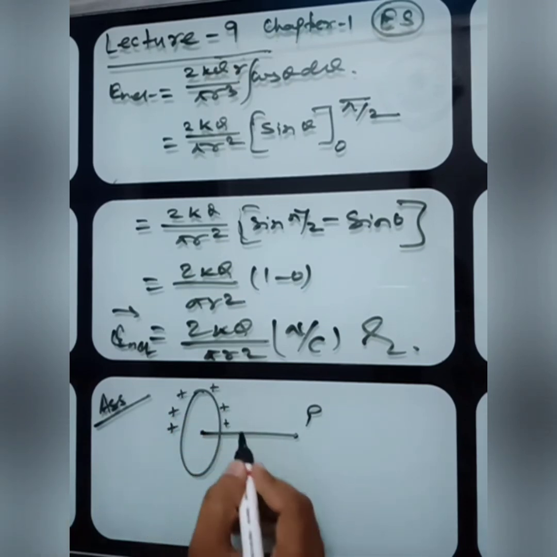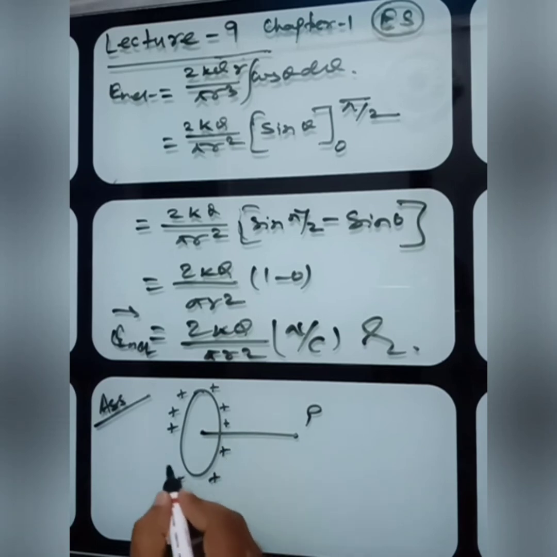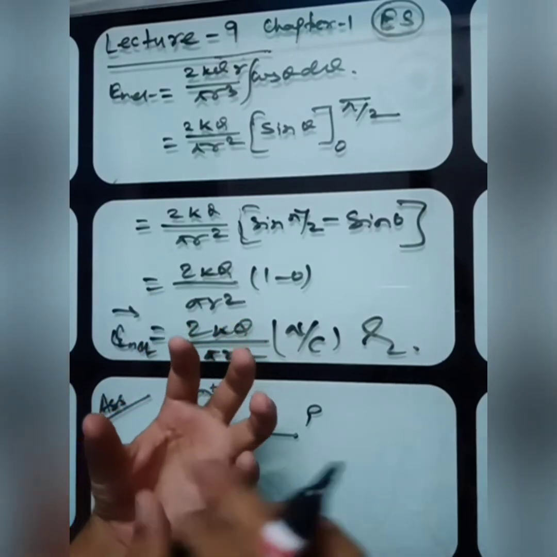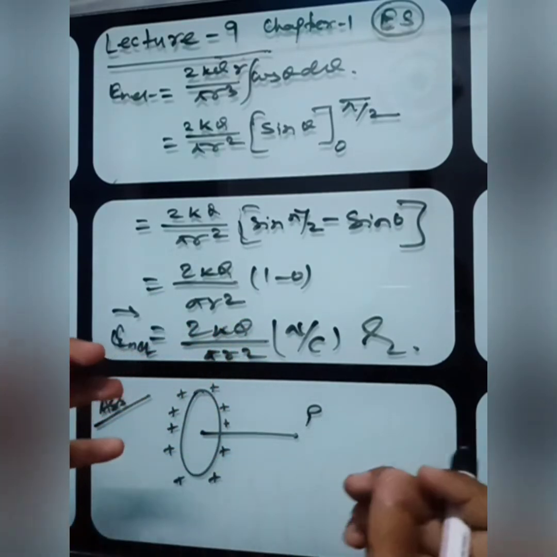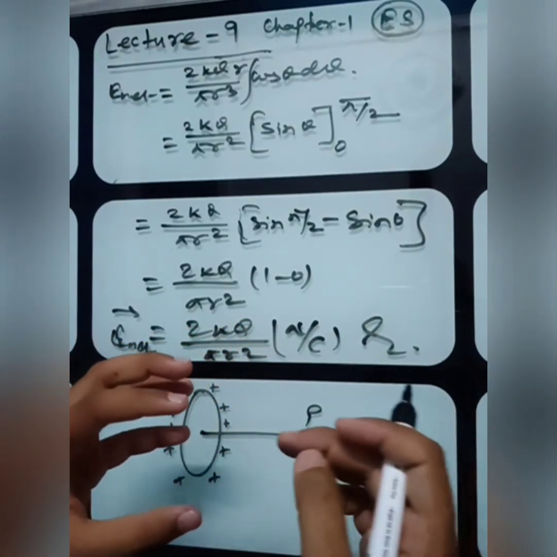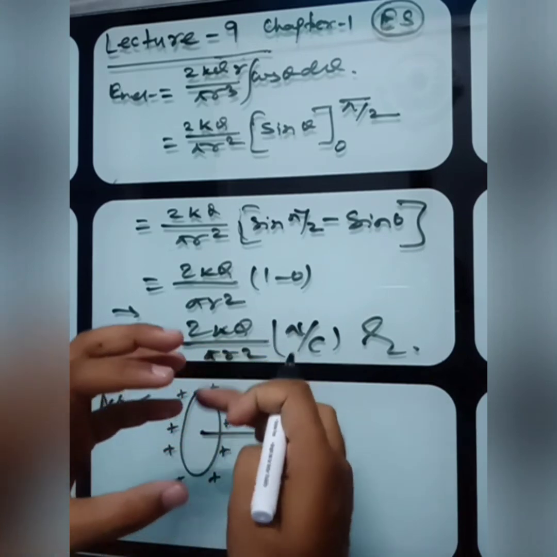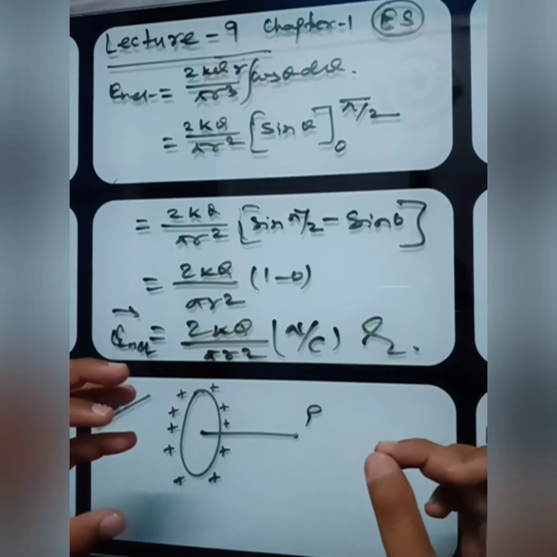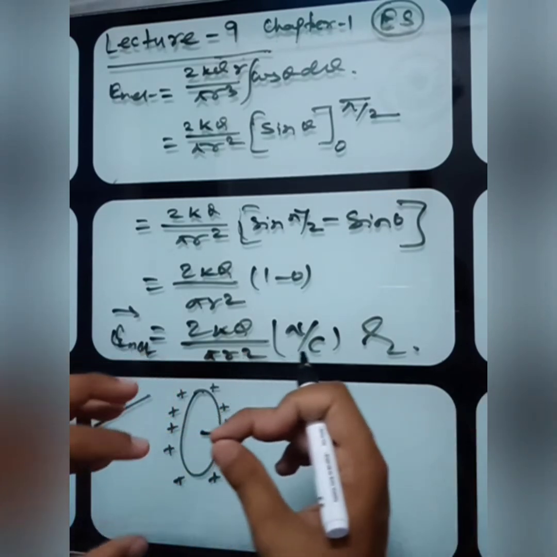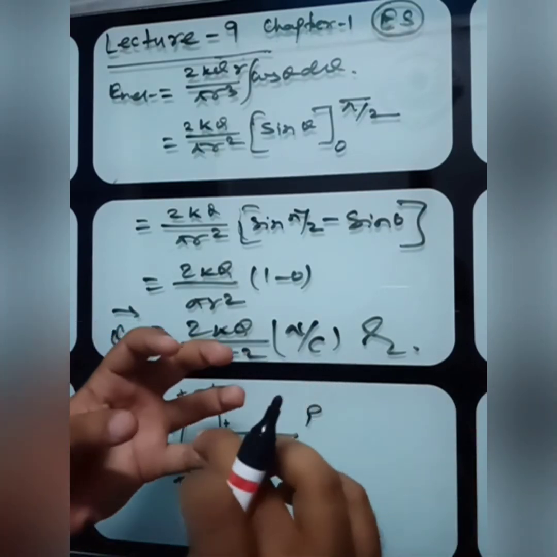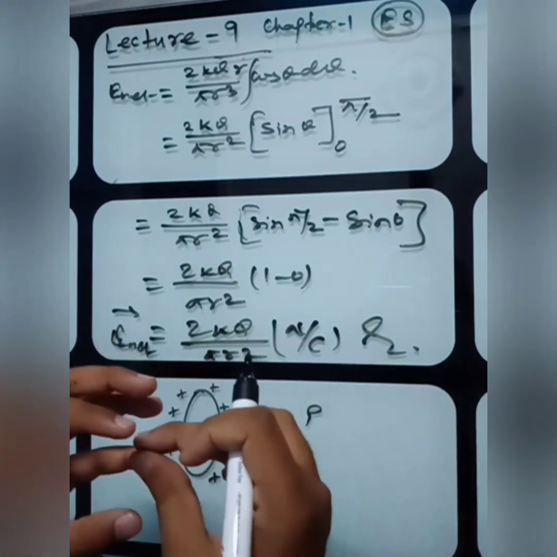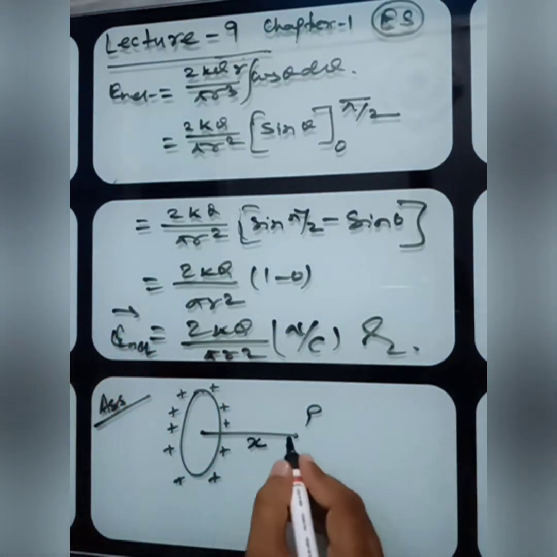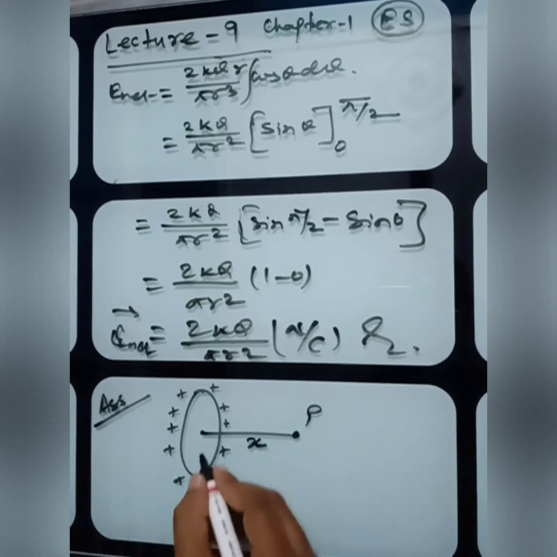What is the orientation of the ring, students? Try to understand this orientation. The ring is not in this way. Actually, the ring is placed in this way. Okay, you are getting this view, and from the center, this is the position. I hope you are understanding. From the center at a distance x, you have to find the electric field at point P.